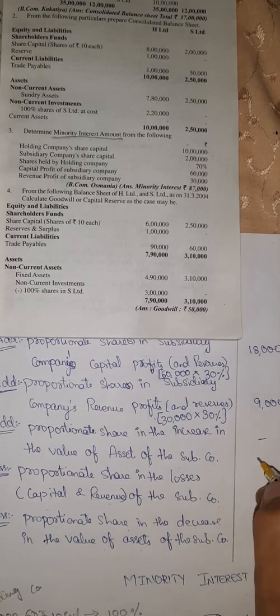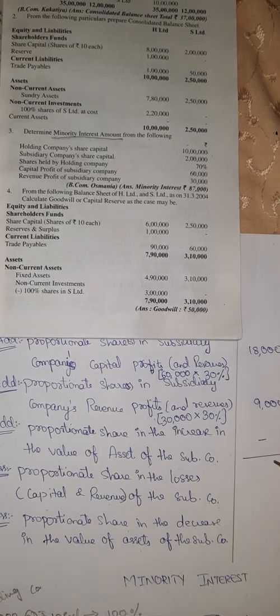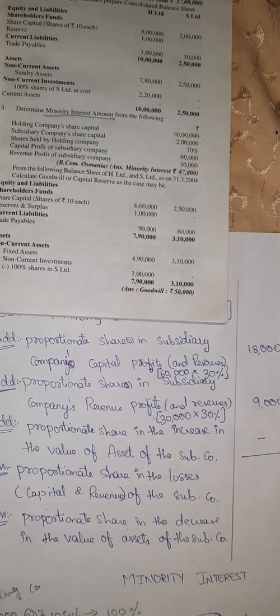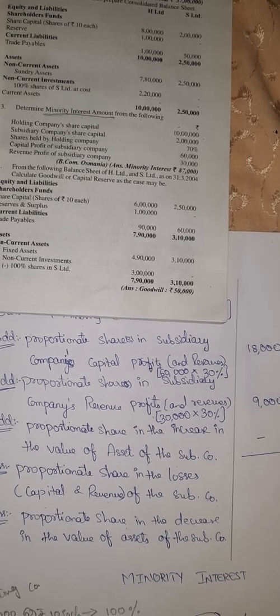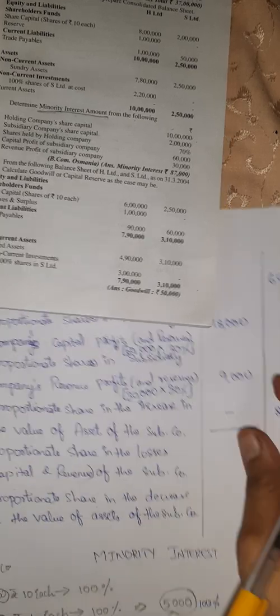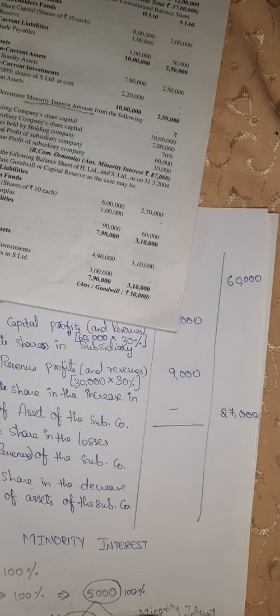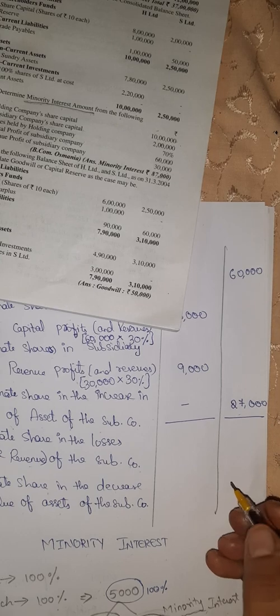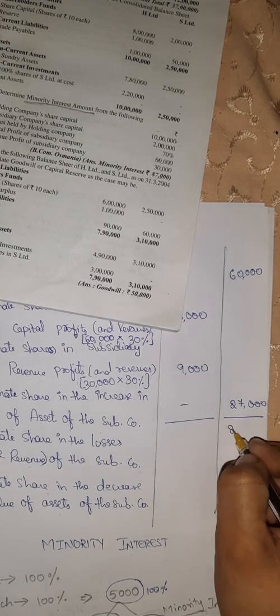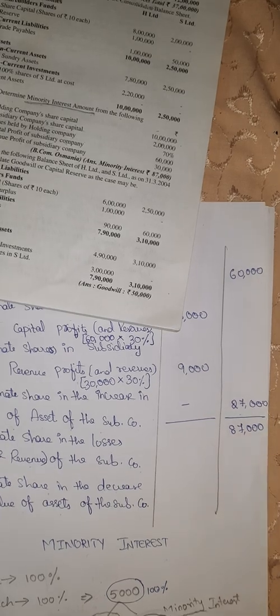No asset is mentioned in our question, so we add all the items we have: 18,000 plus 9,000 is 27,000. Then we add both: 60,000 plus 27,000 comes to 87,000. Then we go for the items we have to deduct.